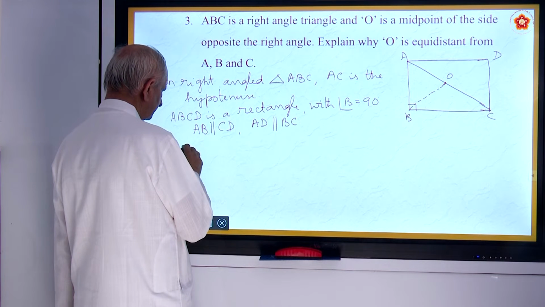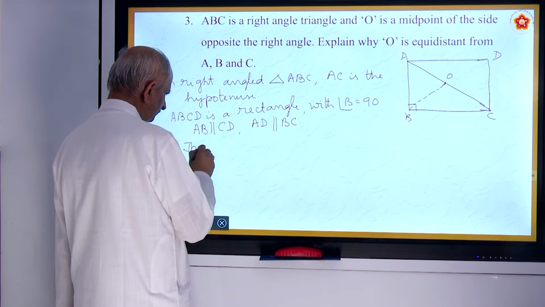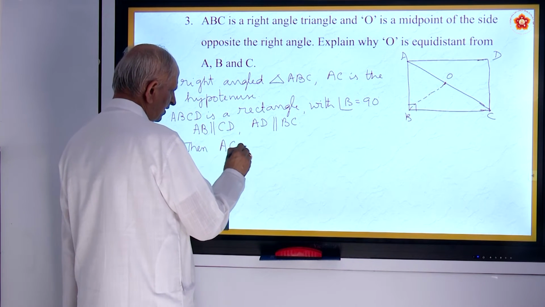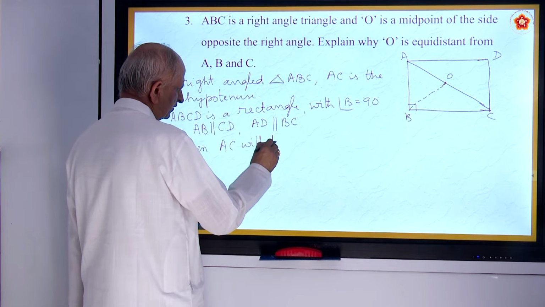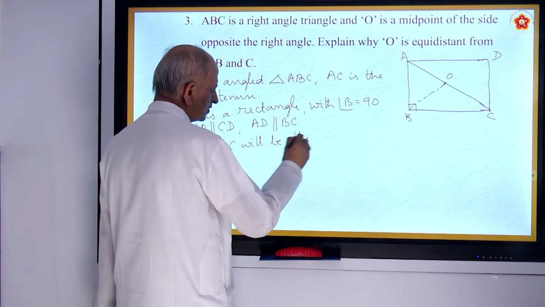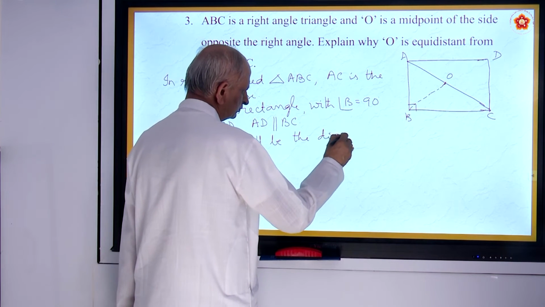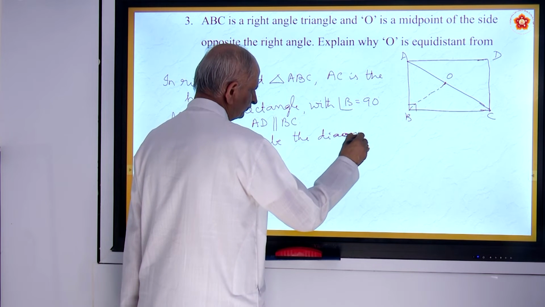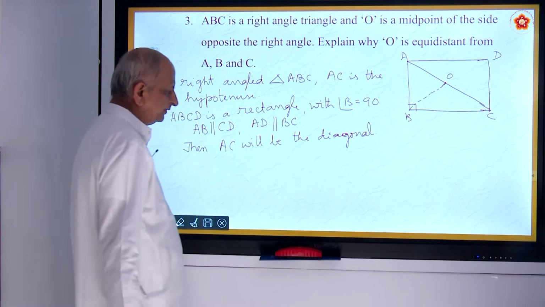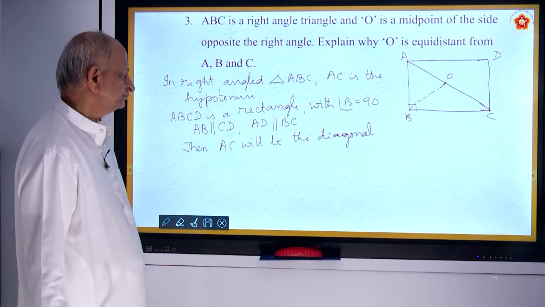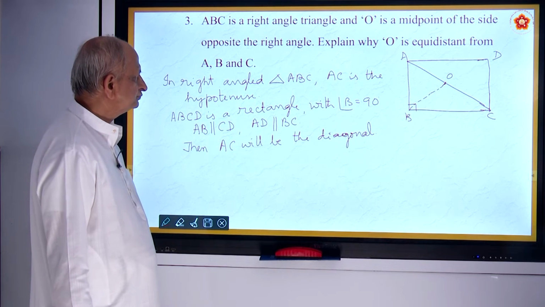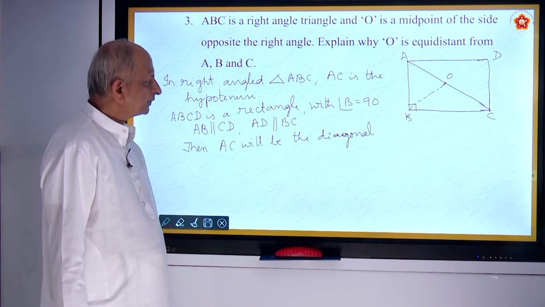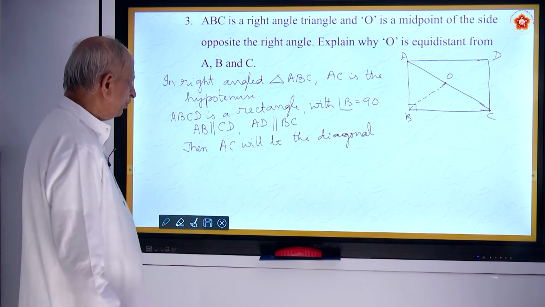AC will be the diagonal. And you are given that AO is equal to OC.